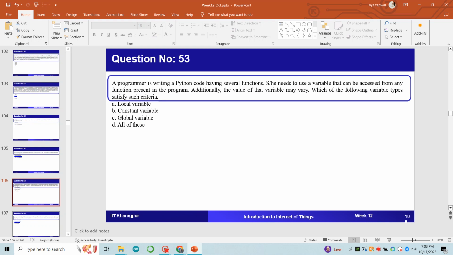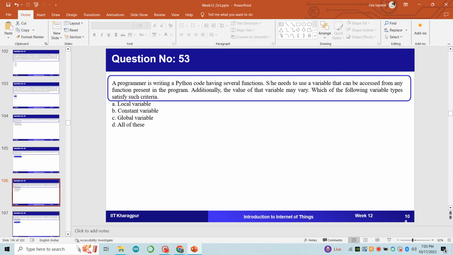Next question is: a programmer is writing a Python code having several functions. He or she needs to use a variable that can be accessed from any function present in the program. Additionally, the value of that variable may vary. Which of the following variable types satisfies such criteria?